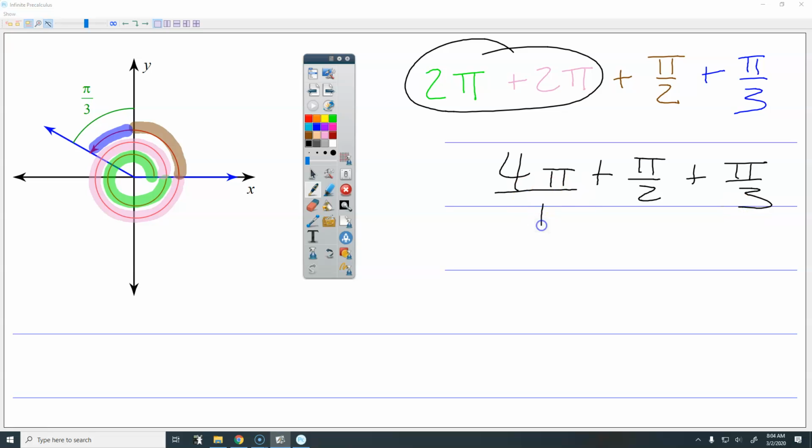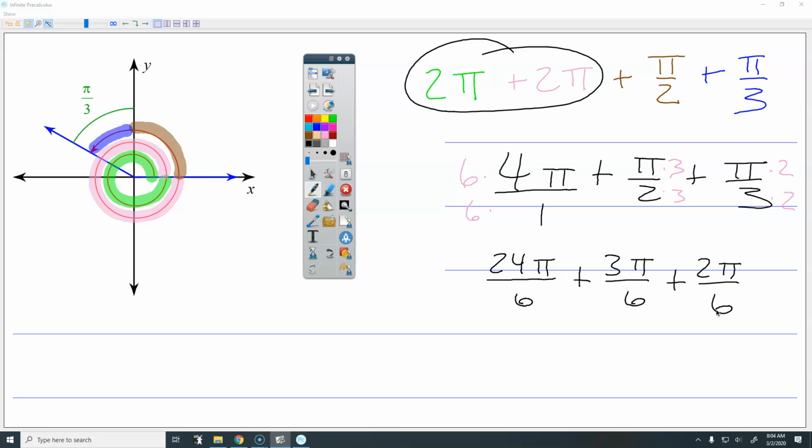So I'm going to put this over 1. What's the common denominator for all 3 of those? 6 is, right? So I'm going to multiply this one here by 6, and this one here by 3, and this one here by 2. And so we end up with 24 pi over 6 plus 3 pi over 6 plus 2 pi over 6.